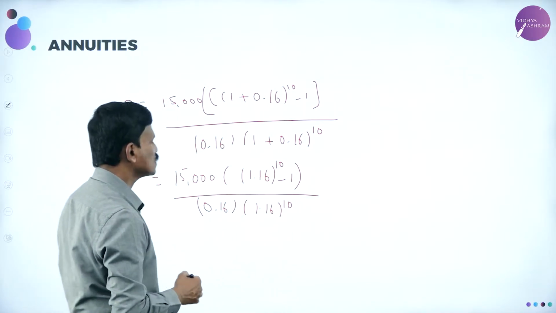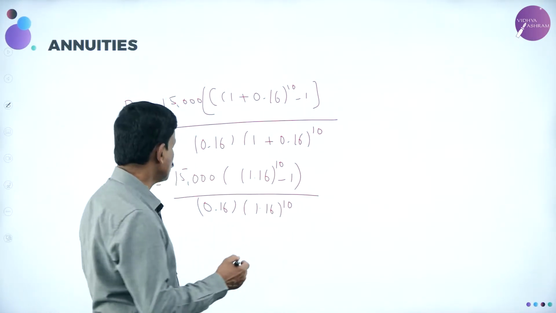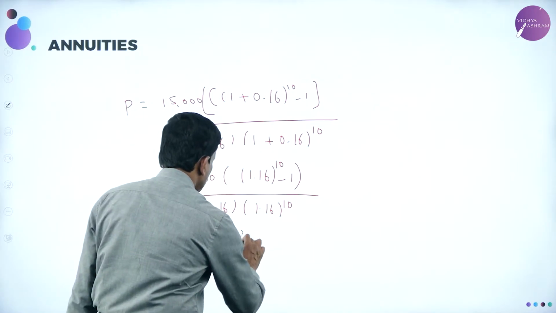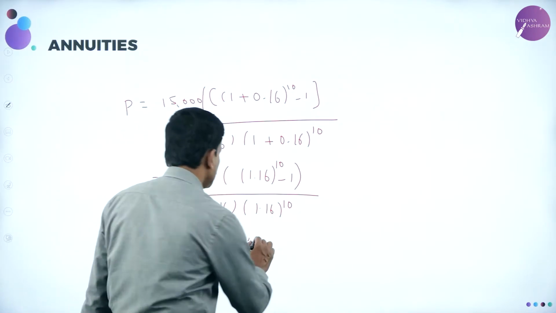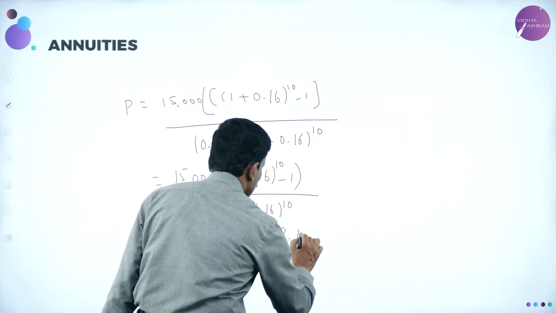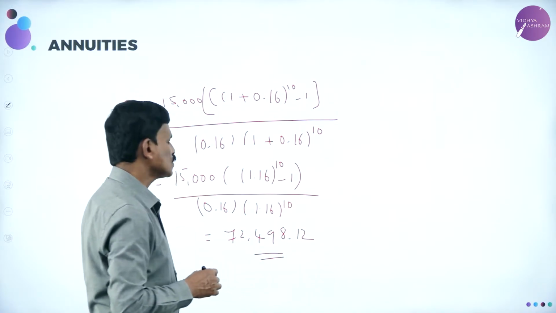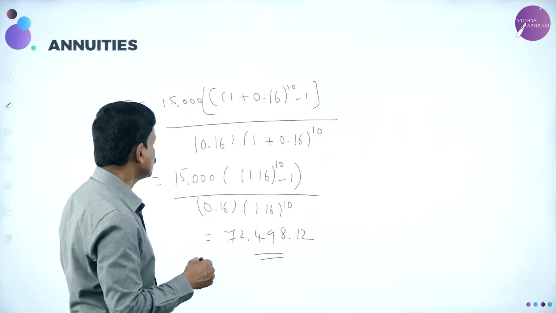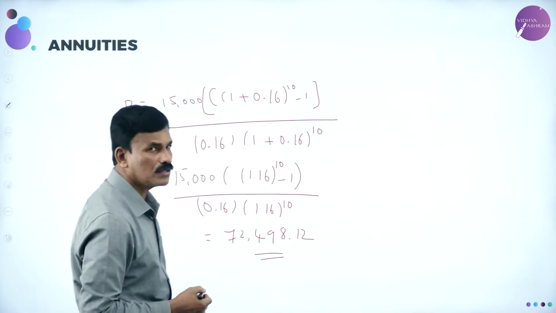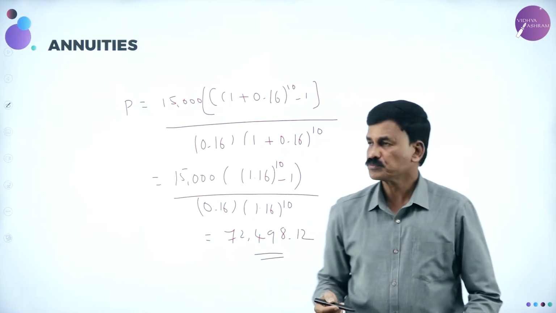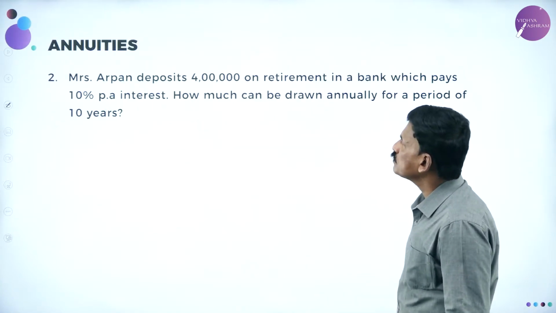So if we simplify this, you are going to get 72,498.12. This is the required answer. So 72,498 is the required answer. That's it. Okay. Now move on to the next problem.